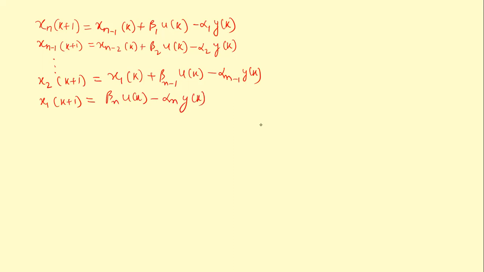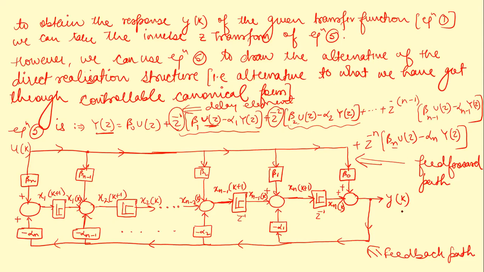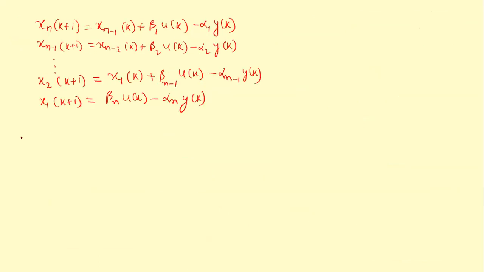Now if you go for the output, so response, so yk is equal to beta naught uk plus xnk, right? So yk is xnk plus beta naught uk, right? So this is one equation.